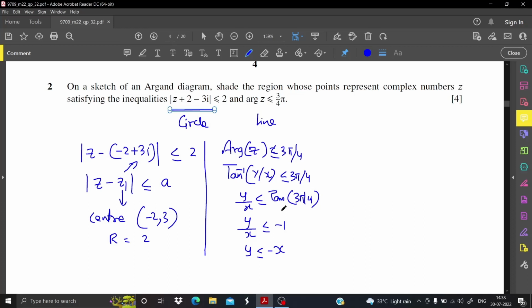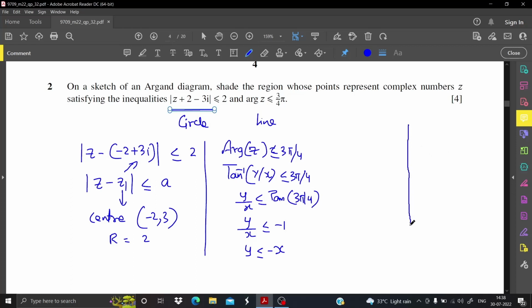Or you can also understand that the angle made by the line joining the complex number z to the origin is 3 pi by 4, or 135 degrees, to the positive direction of the x-axis. Now let's draw this.